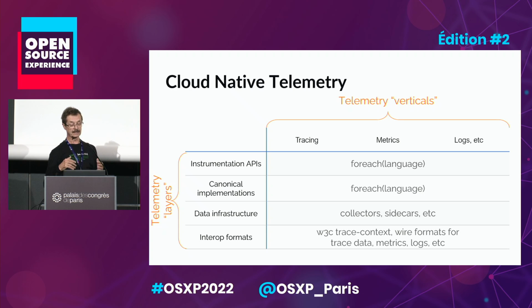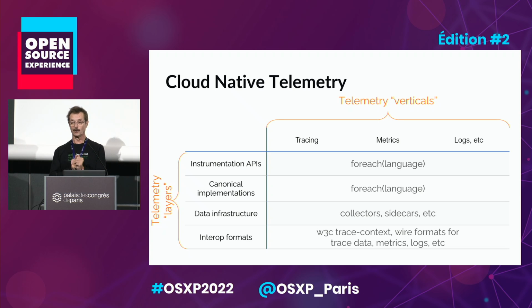And when we looked at this from a telemetry viewpoint, we also rapidly realized there were certain things that we needed to make sure were in place in this decision. So instrumentation: we didn't want to have to hand code every single piece, so we needed an API that supported that. We wanted the canonical representations or implementations so that we could simply pull pieces in as we needed. We wanted data collection, the infrastructure piece that would pull the data in.